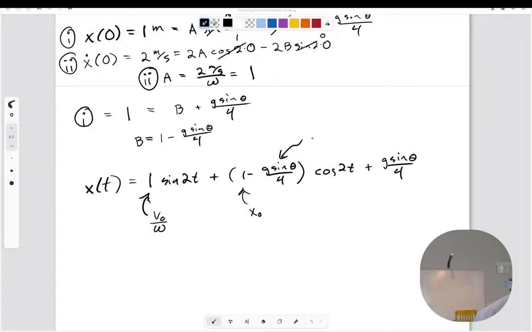And that's our g sine theta over omega squared. And we got those from that particular function.